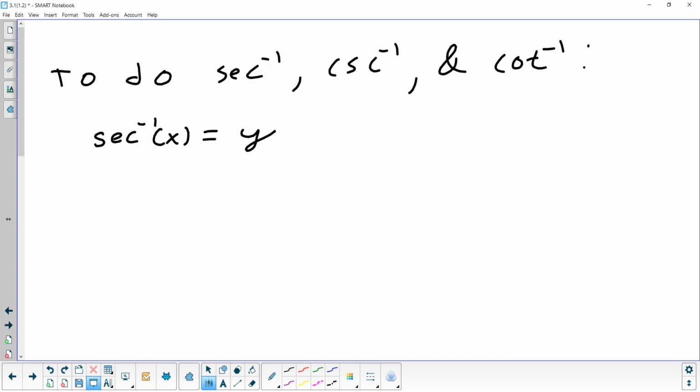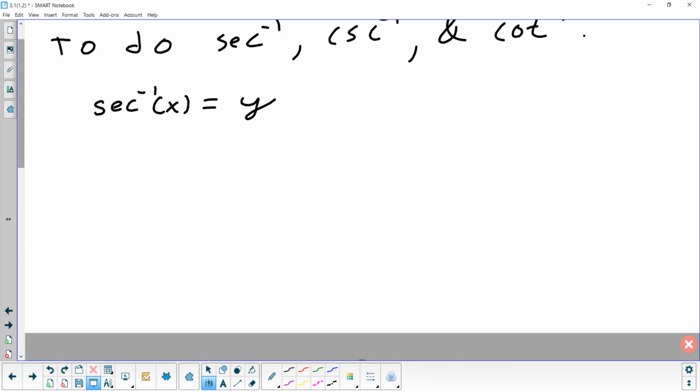So what I want to do is get a formula for y down here in that box, but I want it to be a formula for y that I have buttons for on the calculator. I don't have this button. So I'm going to try to rewrite this so I don't use that button because I don't have it. And I think you'll see the pattern once we do an example.